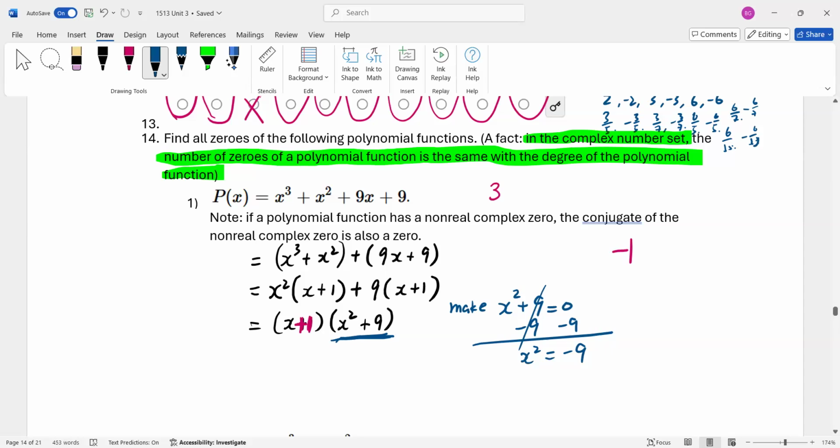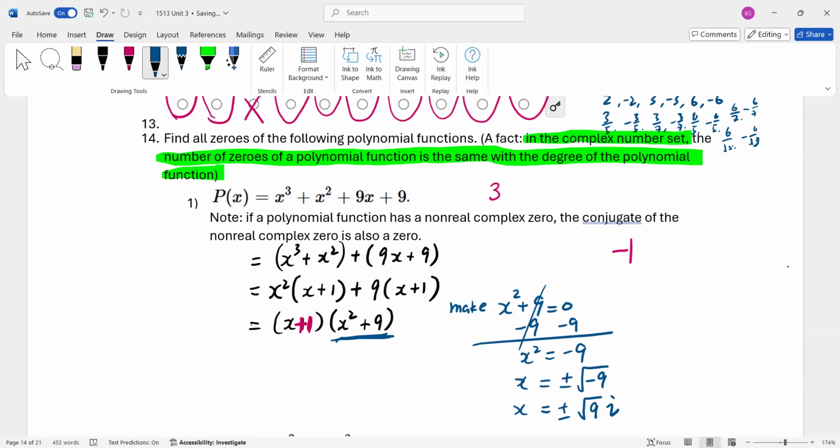We can solve x squared equals -9. We apply the square root property. We have x equals plus minus root -9. Do you guys remember how we process a square root of a negative number? When you see a square root of a negative number, you rewrite it in terms of i right away.